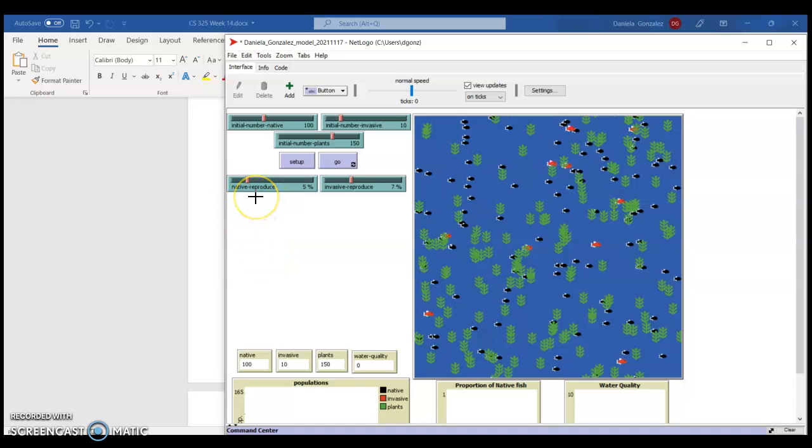The native fish have a reproduction rate of 5%, while invasive fish have a reproduction rate of 7%, just because invasive fish, when they're introduced into an environment, are labeled as invasive because they have almost like an advantage in the ecosystem, and because of that, we expect them to reproduce more easily, which is why they have a slightly higher reproduction rate.